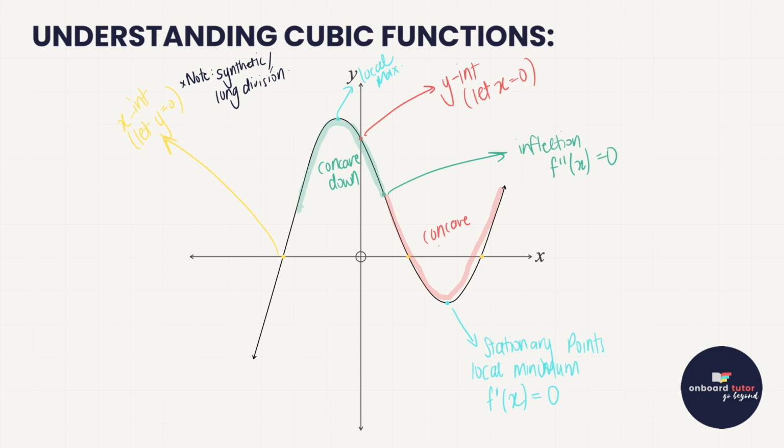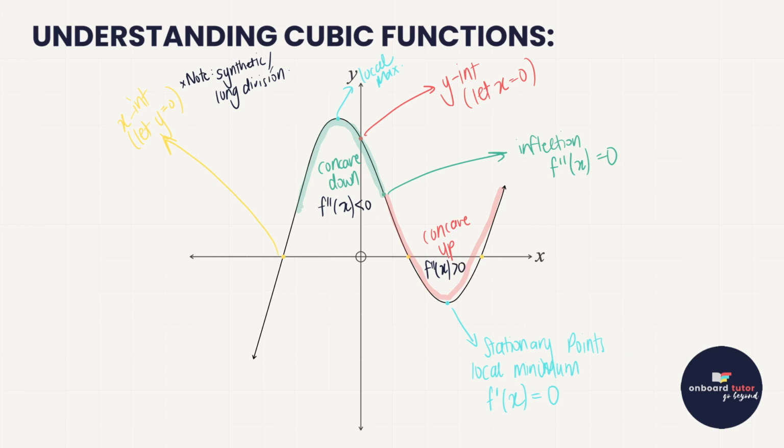So at the point of inflection, things change. And the second derivative is what tells us whether something is going to be concave up or concave down. If our second derivative is negative, then it's concave down. And if our second derivative is positive, then it's concave up.